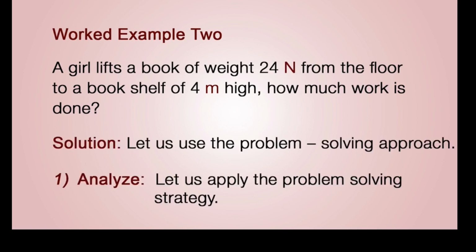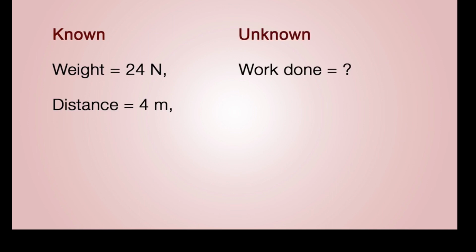We will still apply the problem-solving approach by listing the known variables and the unknown variable. For the known variables, we have weight of 24 newtons and distance of 4 meters, whilst for the unknown variable, we have work done, which we are after. Let's use the appropriate formula to solve this problem.